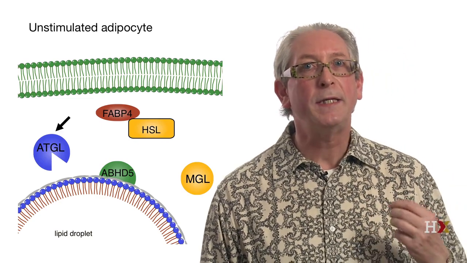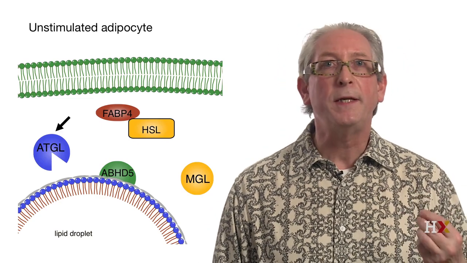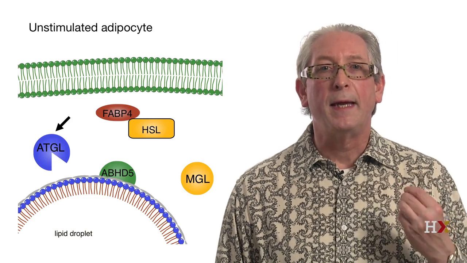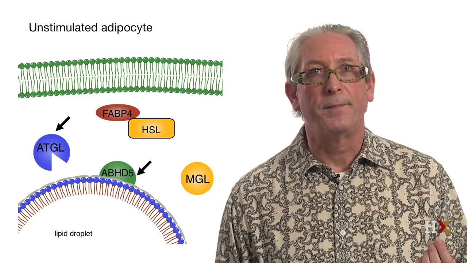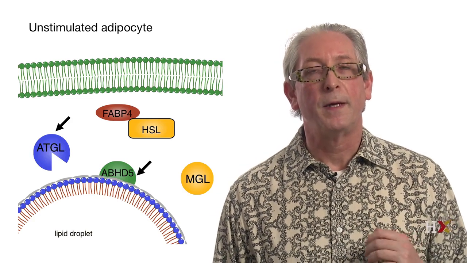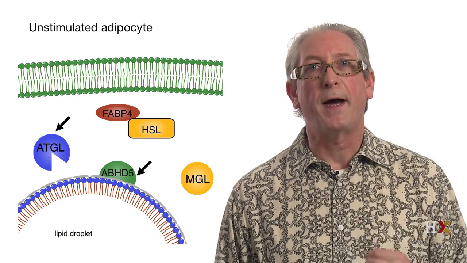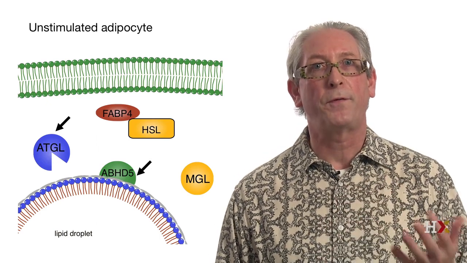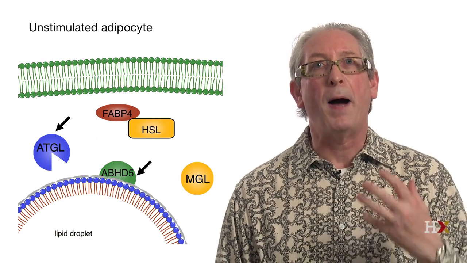For example, ATGL needs another protein called ABHD5 to be recruited at the surface of the lipid droplet. This protein is in fact maintained in an inactive form, bound at the surface of the lipid droplet, bound to perilipin.